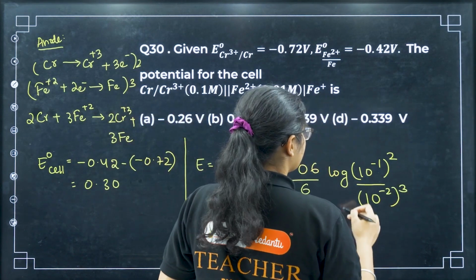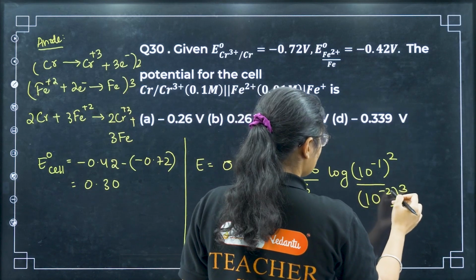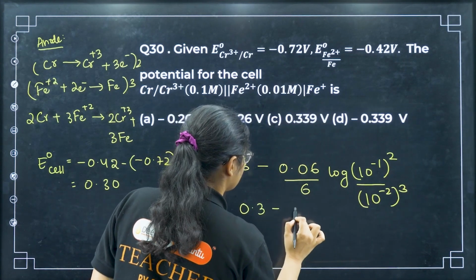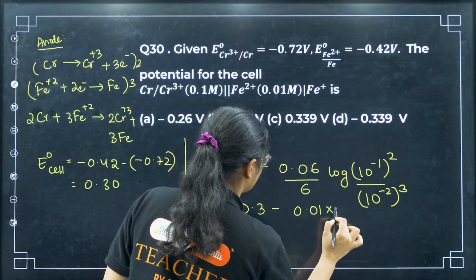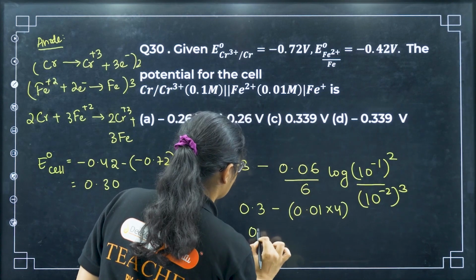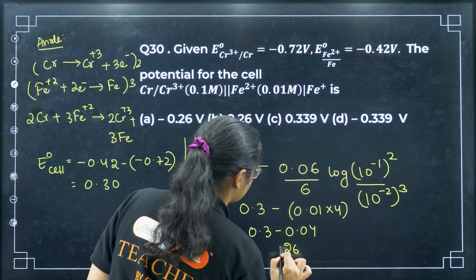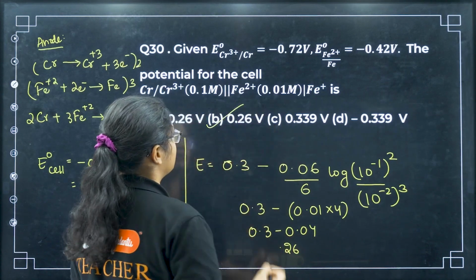Okay, so we will get here 10 to the power of 4, this one, so 0.3 minus 0.01 into 4. So I will get minus 0.04, so that is equal to 0.26, that is option number B.